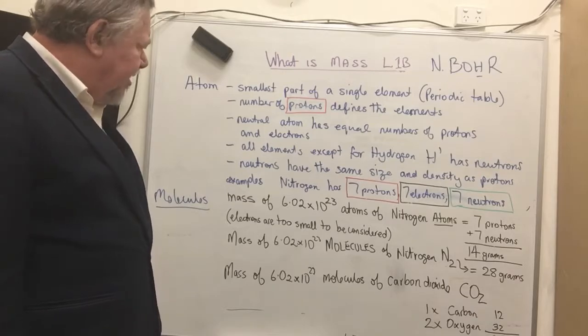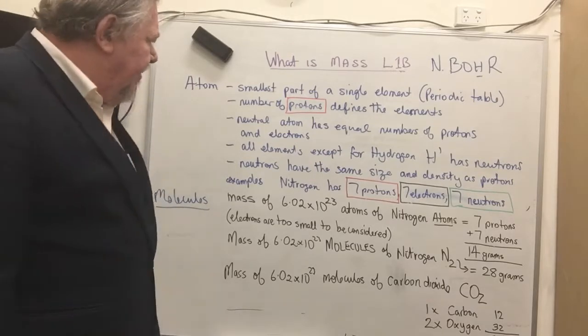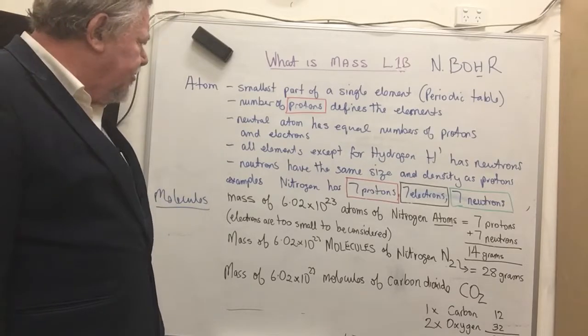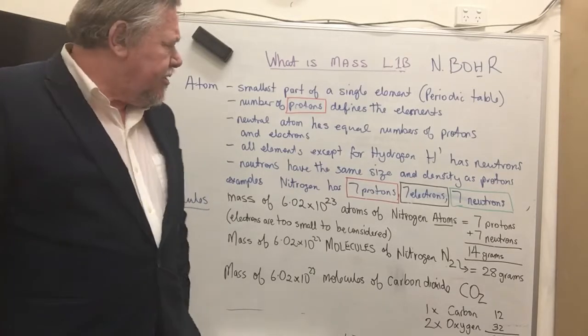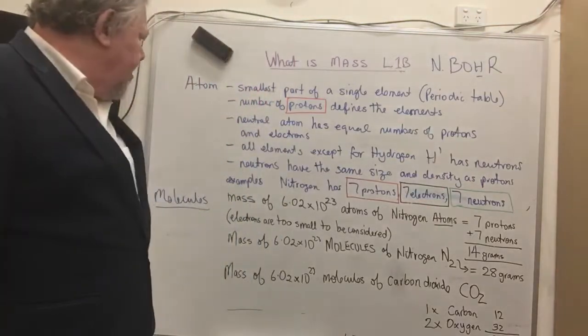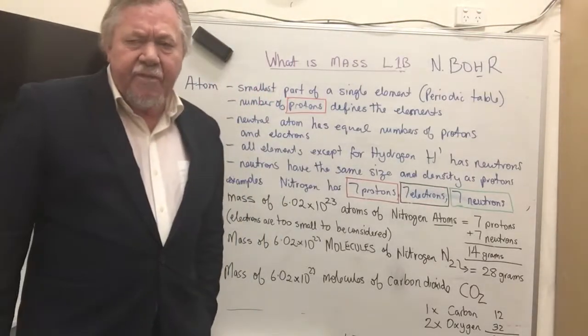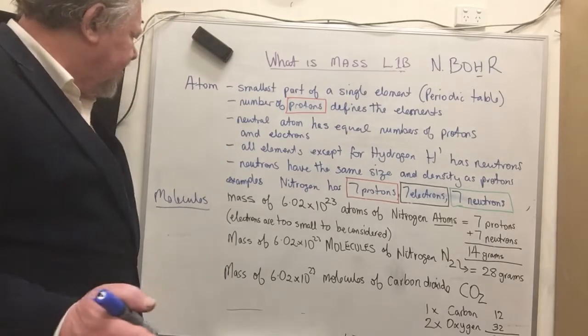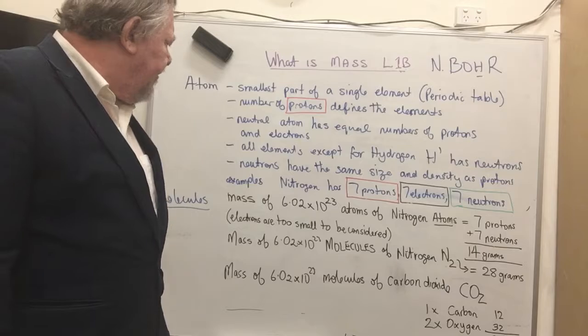An example: nitrogen has 7 protons, 7 neutrons and 7 electrons. And the mass, so we're talking about mass now. Remember, you can have a look at the previous video, and certainly the one that's coming up.